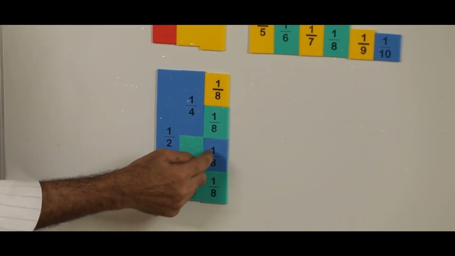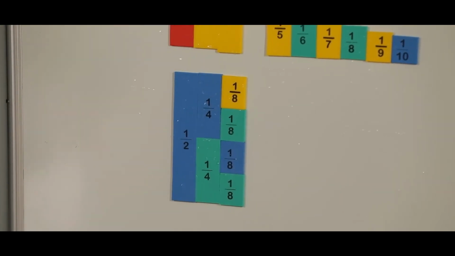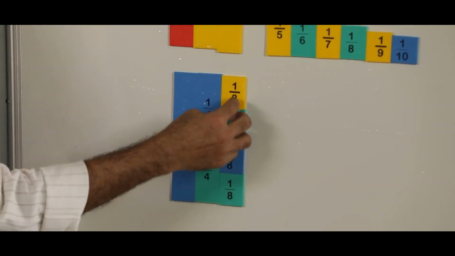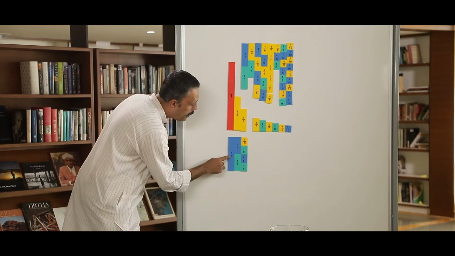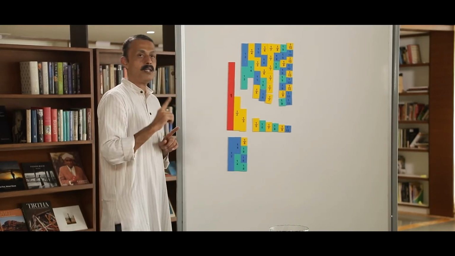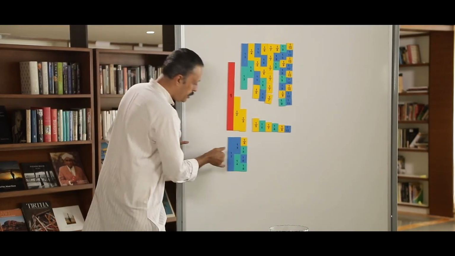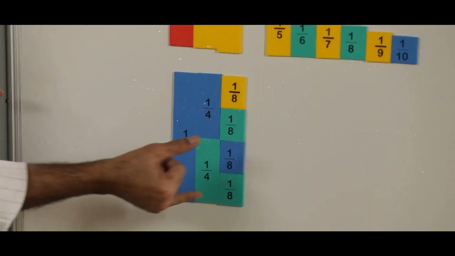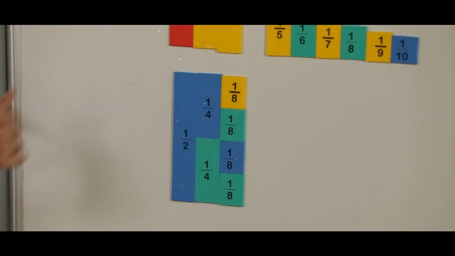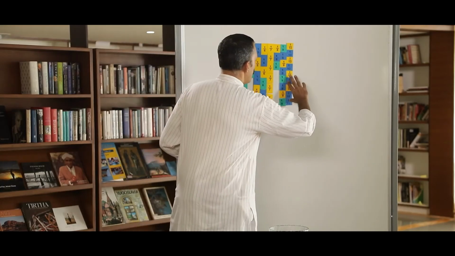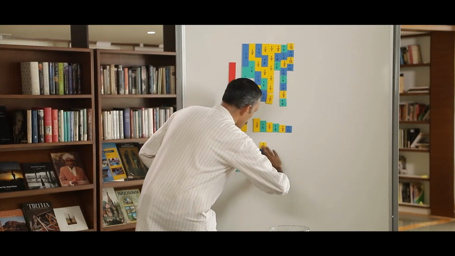It's right. If I have 4 1/8s, if I join them, I get 1/2 portion. That is, this half is equal to 4 portions of 1/8. Similarly, we can check this out.